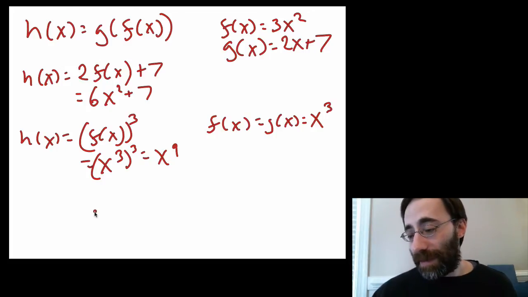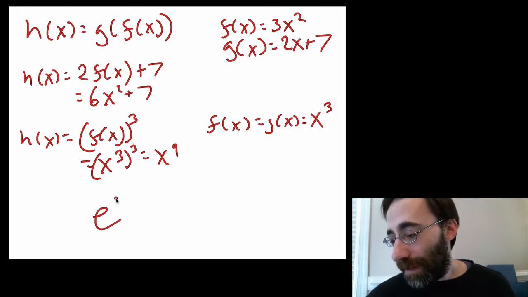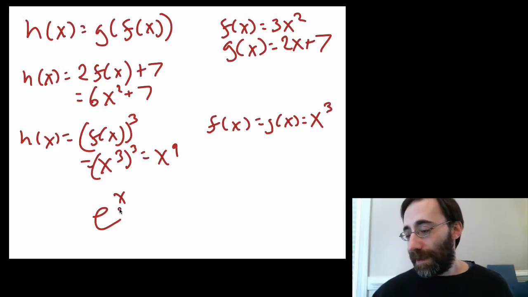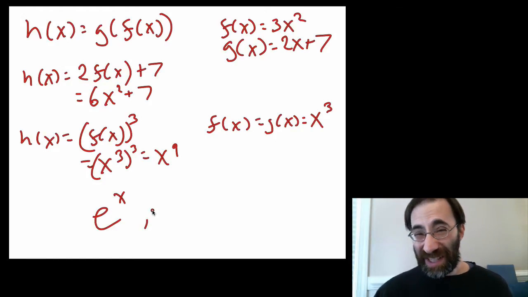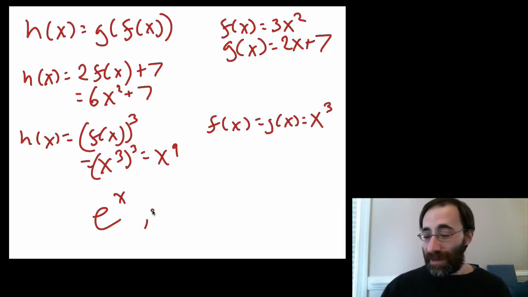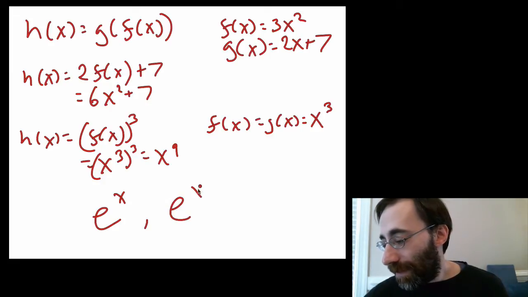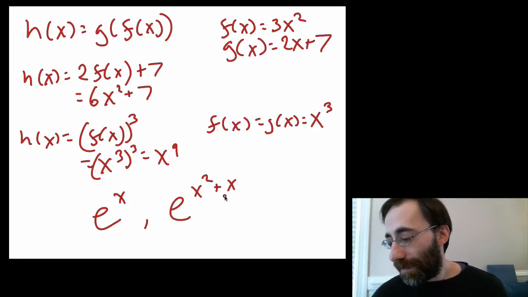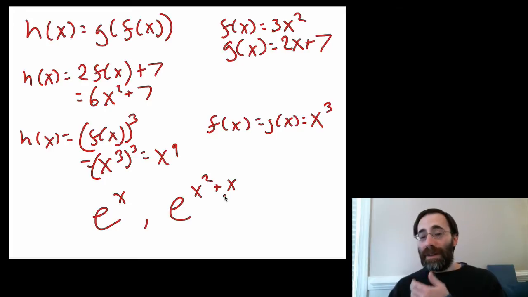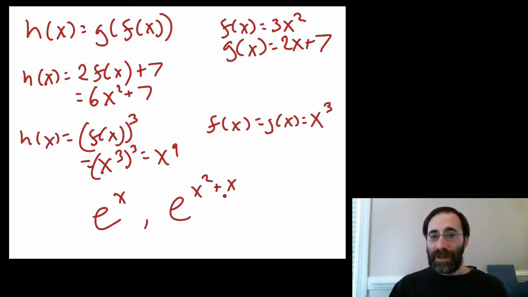One example of that is an exponential. This is an exponential. We'll see this derivative is easy. It's the easiest one possible. But what about this one? That seems really complicated, but this is precisely the kind of function that we're going to need the chain rule to differentiate.